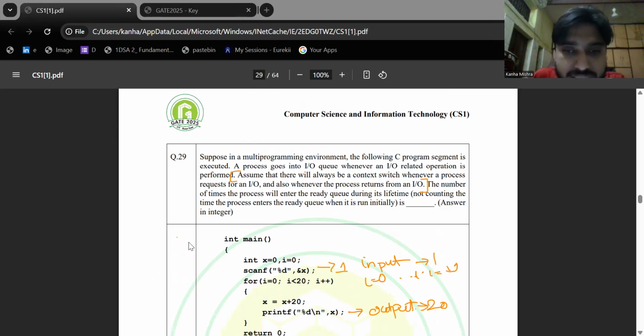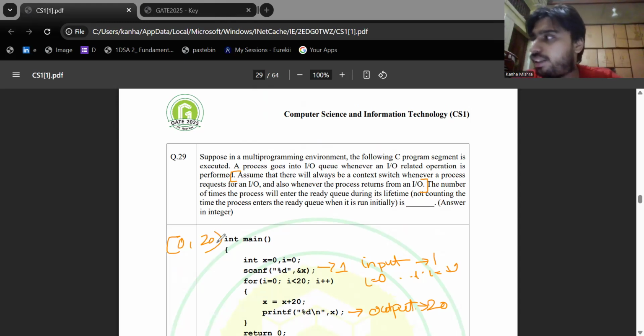From 0 it starts and 20 is not included. It stops at 19, so the loop is running a total of 20 times. And there is one scanf, so a total of 21 times the input output has been handled.